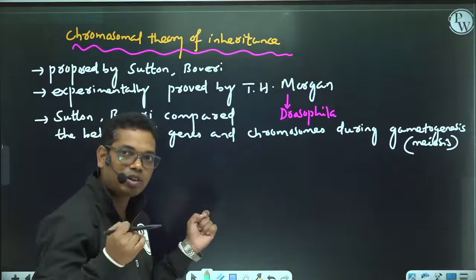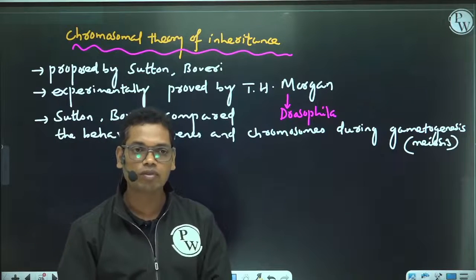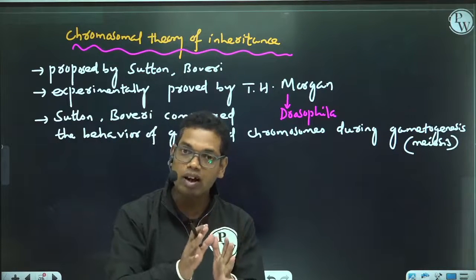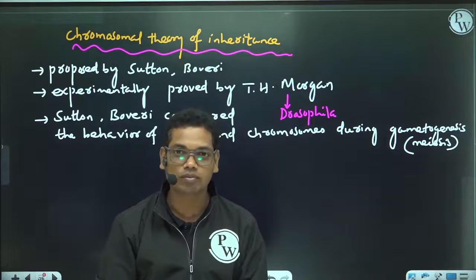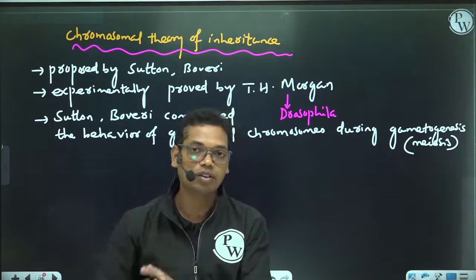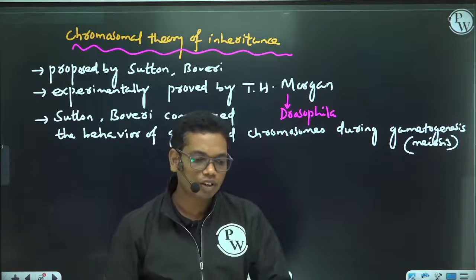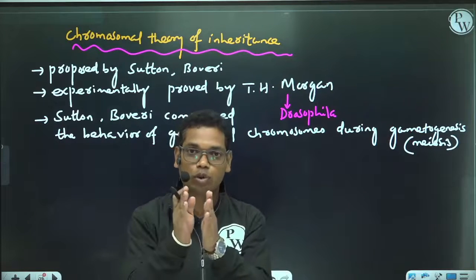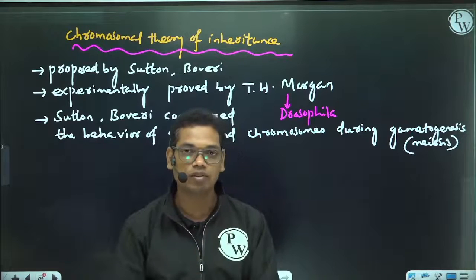You please write, I am dictating that part. The first point of this theory is that both chromosomes and genes, that is the factors, occur in pair. The chromosomes as well as the factors or genes occur in paired condition. Second point, the pairing of homologous chromosomes results in the pairing of factors they carry.